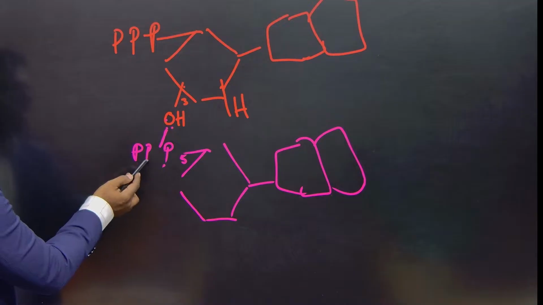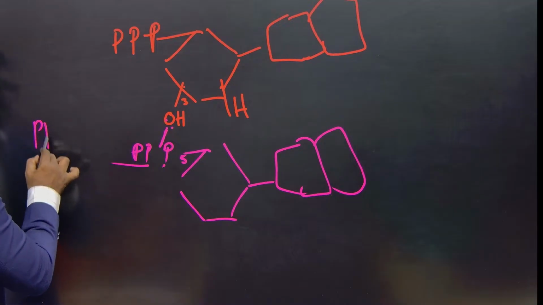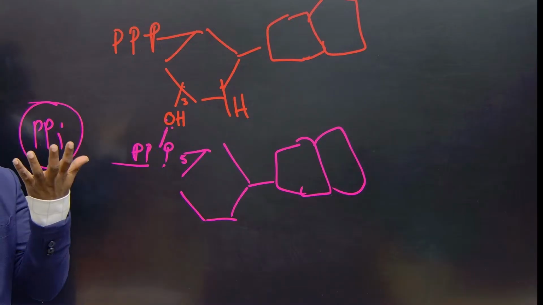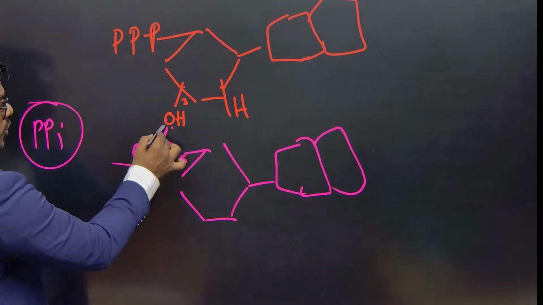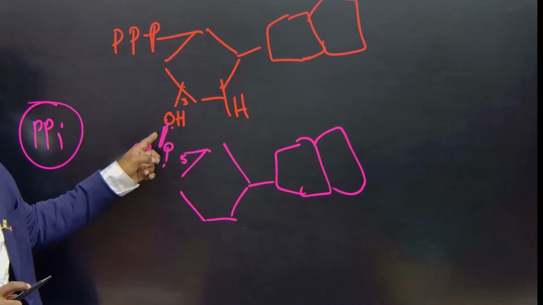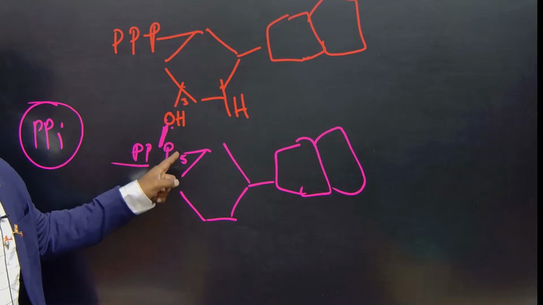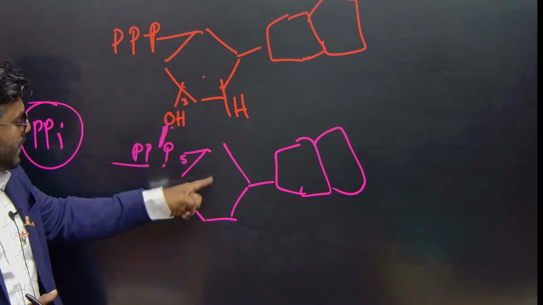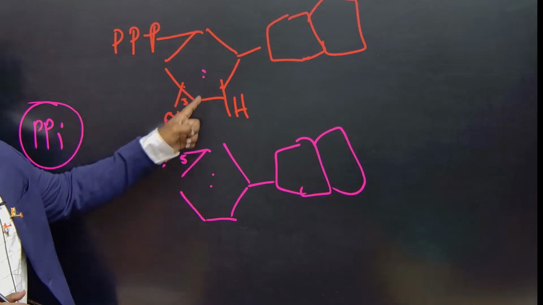The remaining phosphates are released in the form of PPi. Whenever they are released, it generates energy, and that energy can be used to join this OH and phosphate. This bond is called the phosphodiester bond. So the phosphodiester bond is the type of bond formed between two nucleotides.